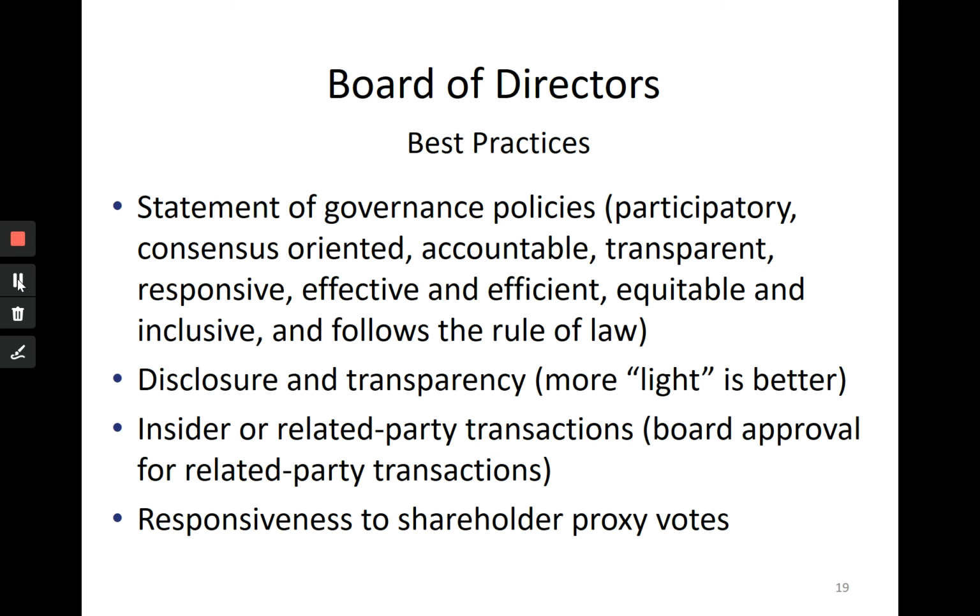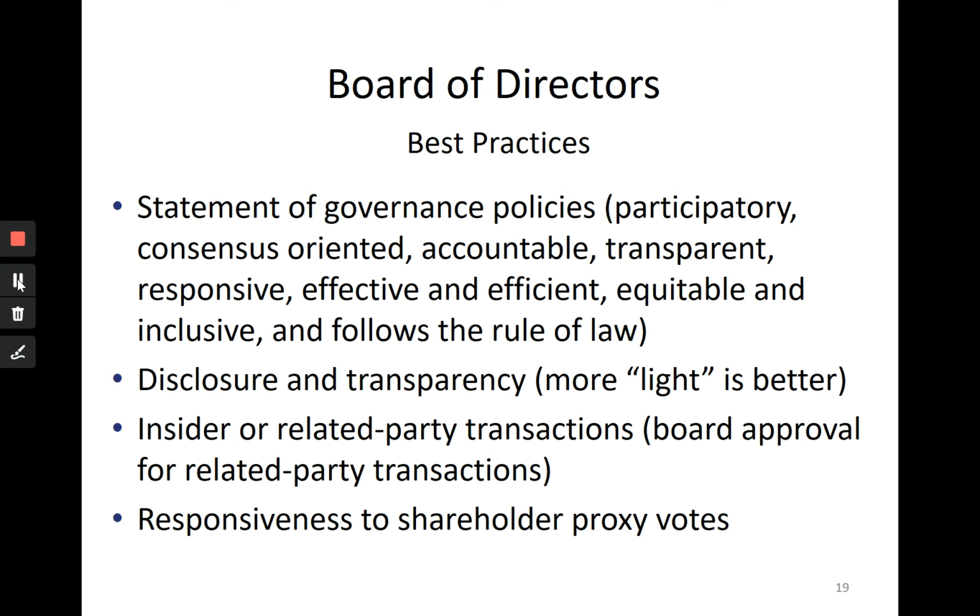Of course, these are examples of items that can go into the statement of governance policies and make it a good one, that governance is effective and efficient, equitable and inclusive, and of course follows the rules of law.